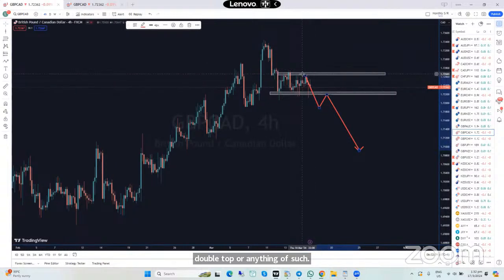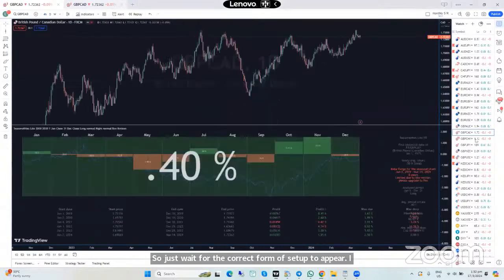So just be patient, wait for an actual lower high. We never know if price will actually be consolidating and then make for another bullish run again. So just wait for the correct form of setup to appear, then enter. Be patient.